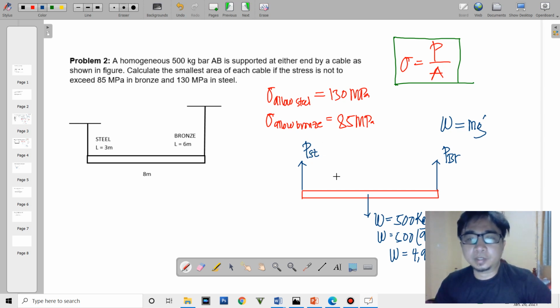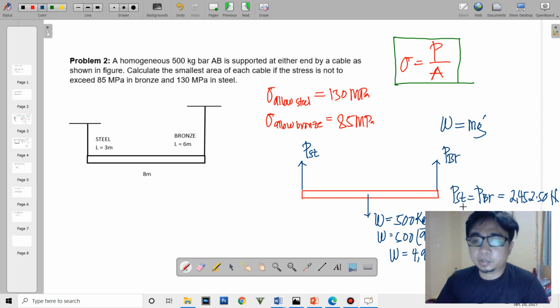It is obvious that P of steel and P of bronze will just share to resist 4,905 Newton, and that is 2,452.5 Newton. So this is by symmetry.